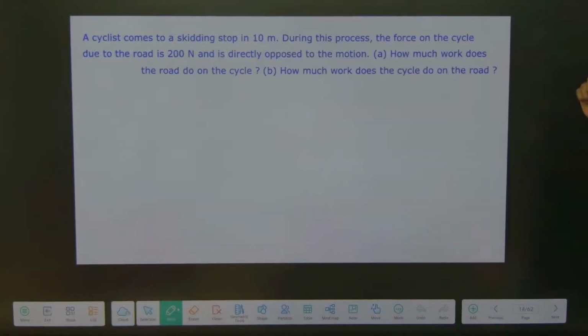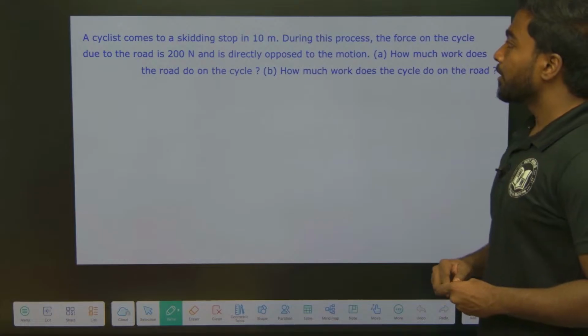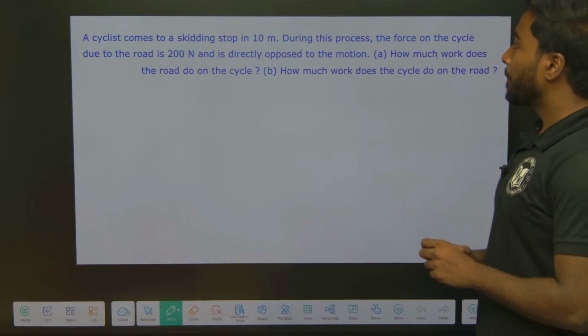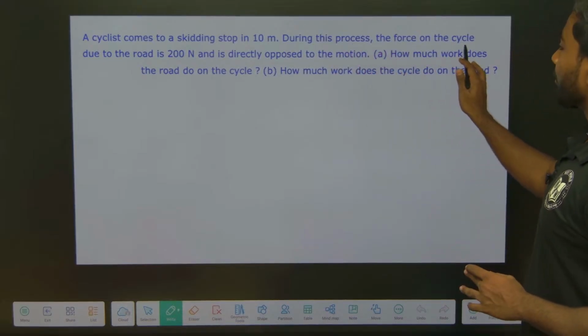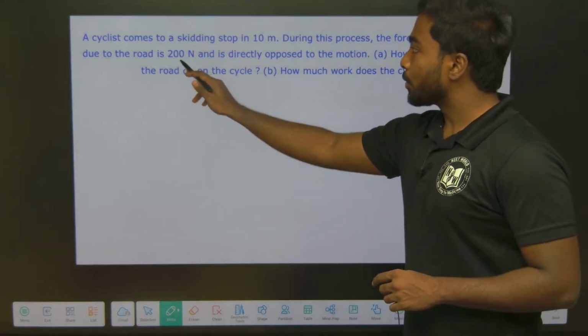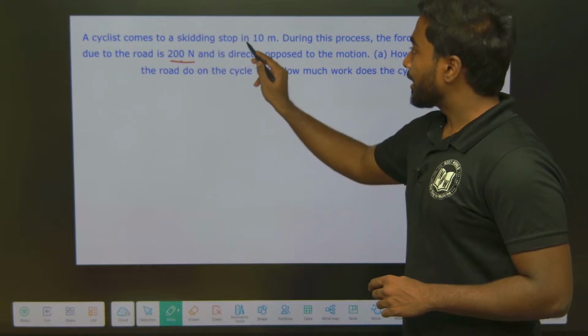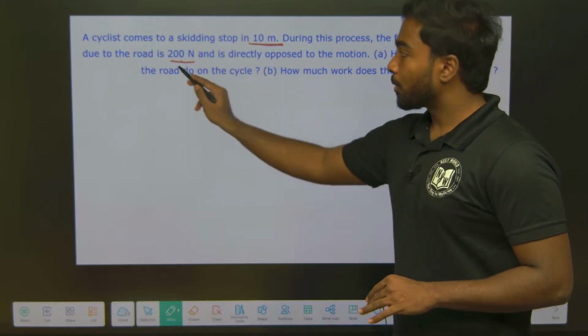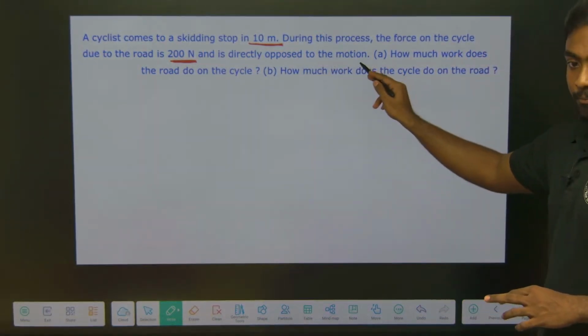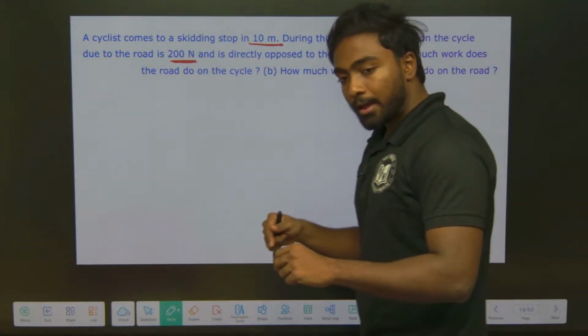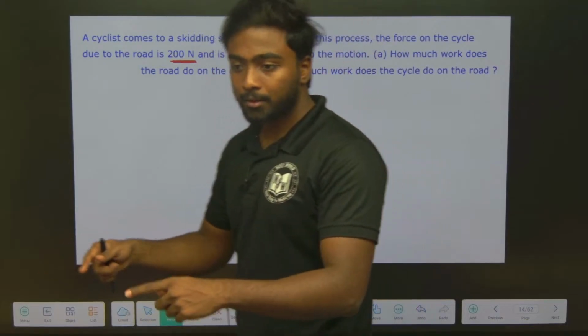Okay. So the next question is, a cyclist comes to a skidding stop in 10 meter. During this process, the force on the cycle due to the road is 200 Newton. One, they have given the displacement, and the other, the force is given, and it is directly opposed to the motion. A person is going on a cycle for 10 meter.